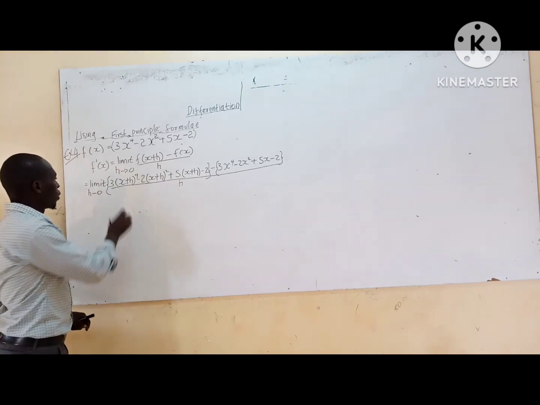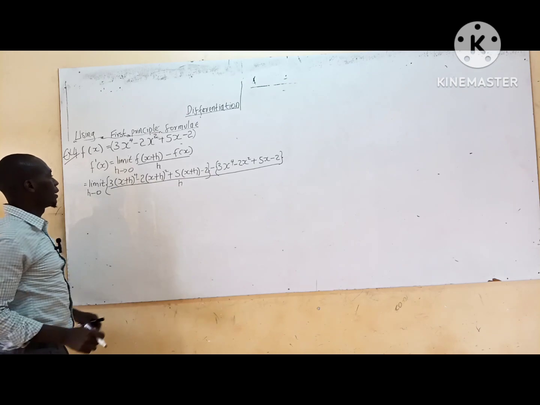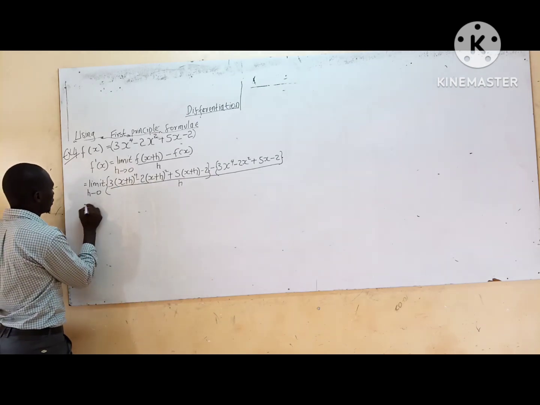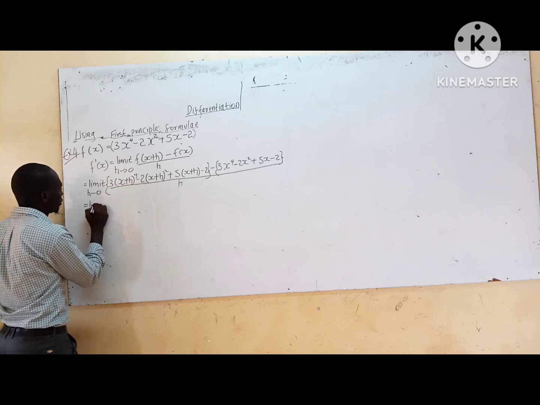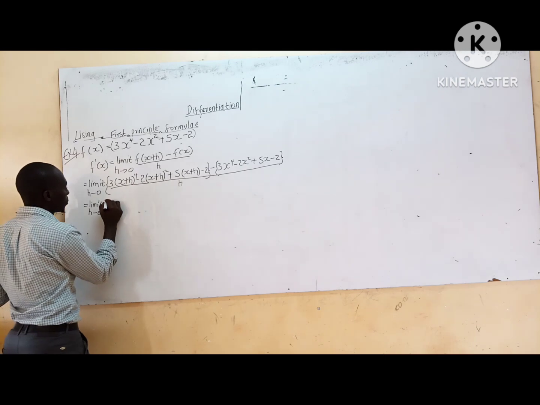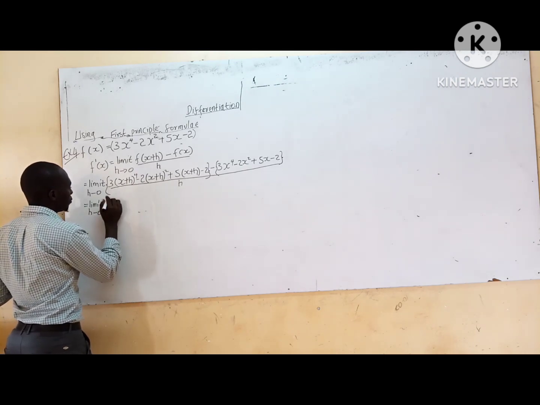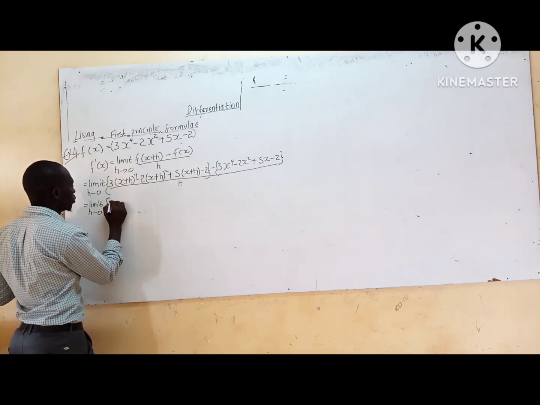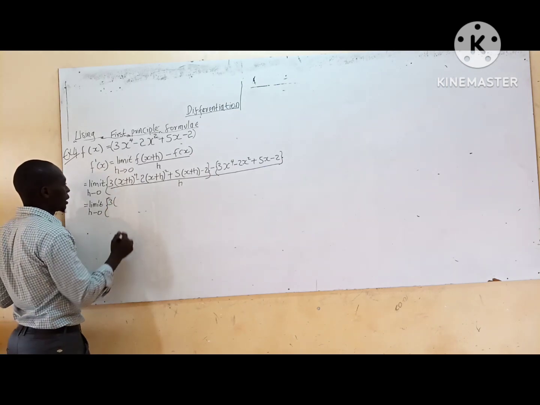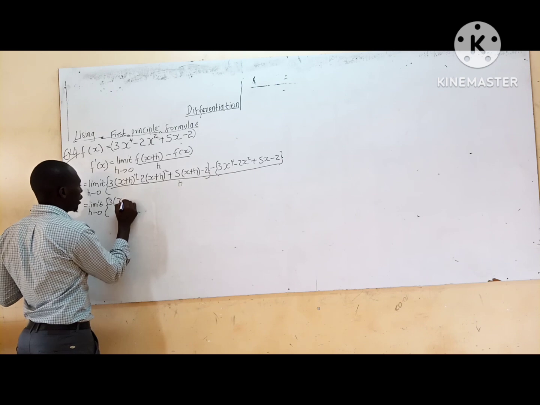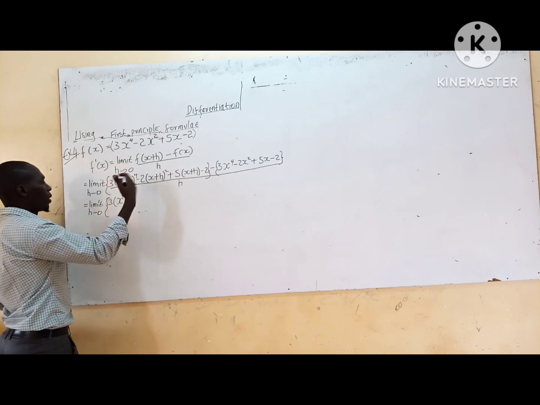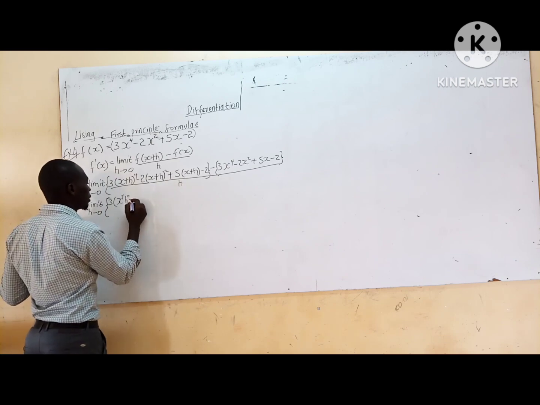Let us open what we have. Let us simplify what we have within these brackets by opening the brackets, and we'll be having limit h approaching 0 into 3 into, here we are going to use the Pascal's triangle, whereby x power 4 h power 0, one power increases while the other one decreases.